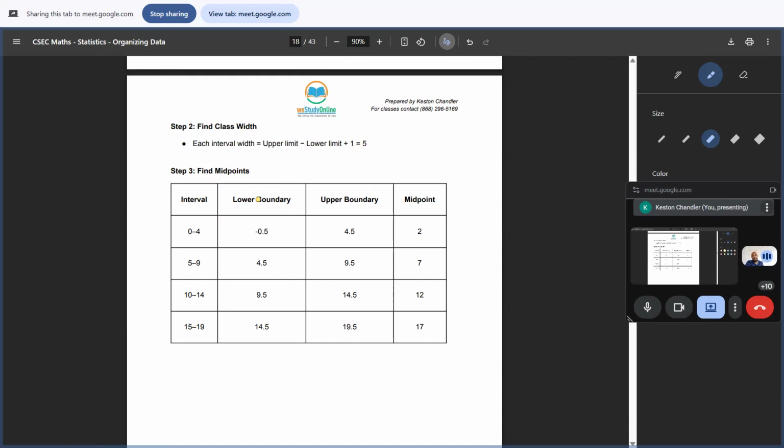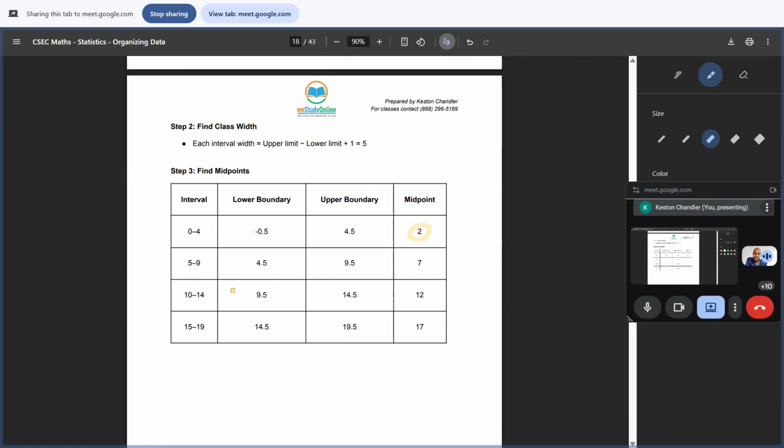Right? Now, my midpoints, we are taking our lower and upper class boundaries, adding them together, and then dividing by 2. So 4.5 minus 0.5 will give me 4, divided by 2 will give me 2. 9.5 minus 4.5, that will give me 14.